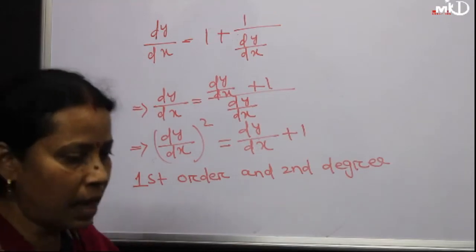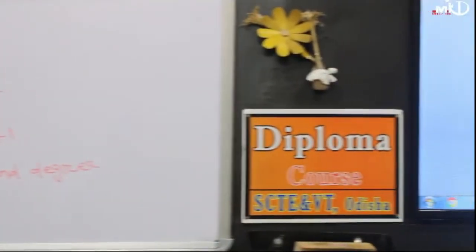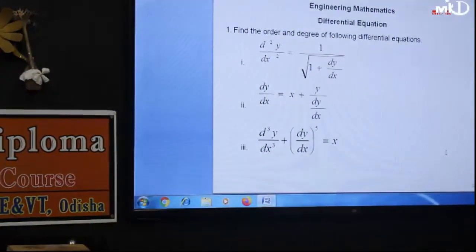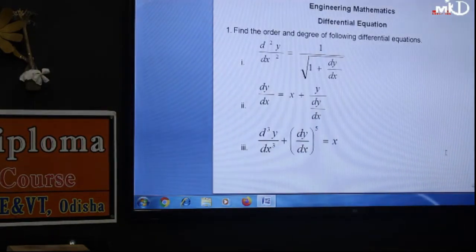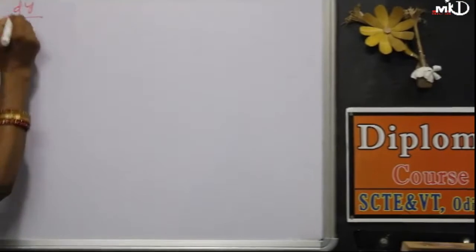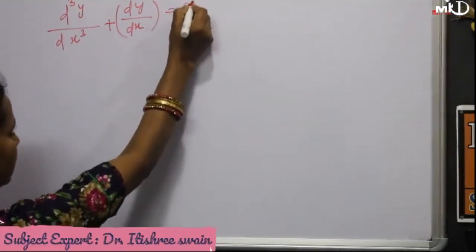Now come to the third question, that is d cube y by dx cube plus dy by dx to the power 5 is equal to x.